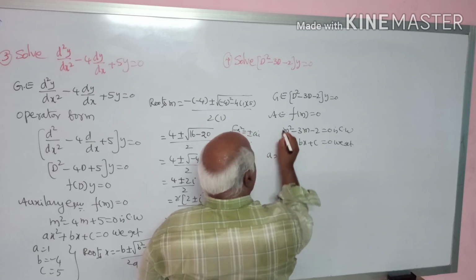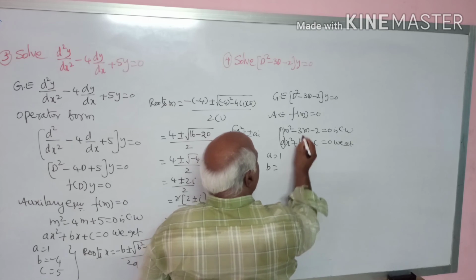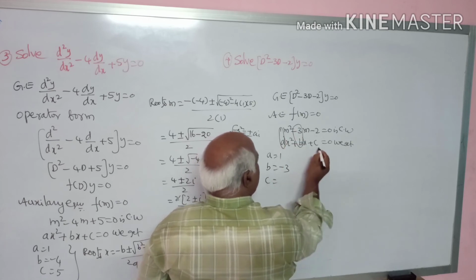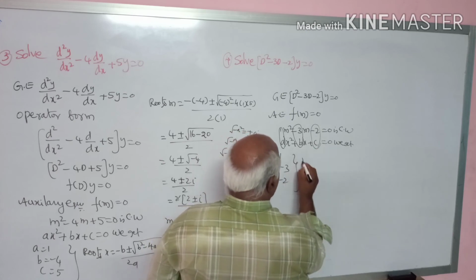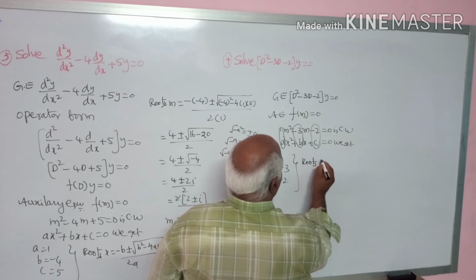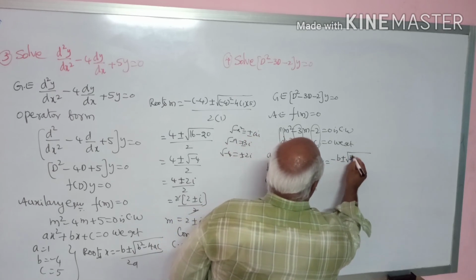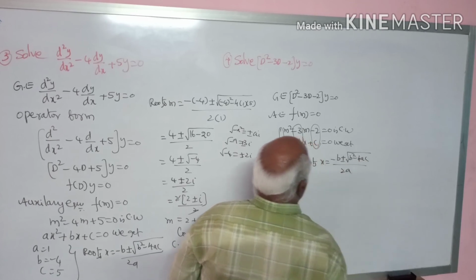Here a is equal to 1, b is the m coefficient, minus 3, and c is the constant, that is minus 2. The roots formula is x is equal to minus b plus or minus root of b square minus 4ac by 2a.